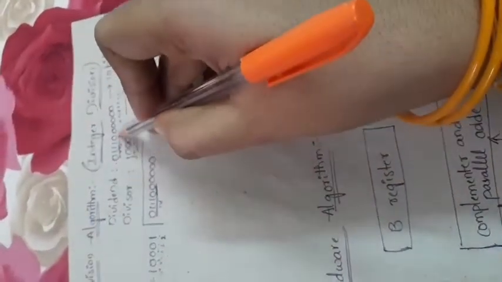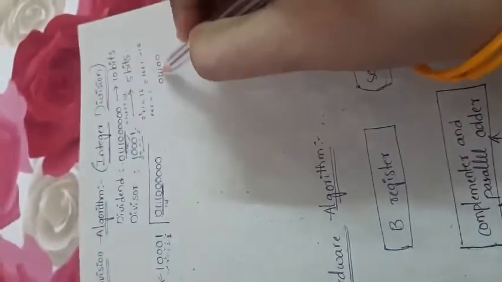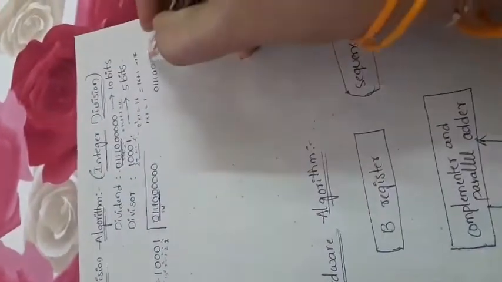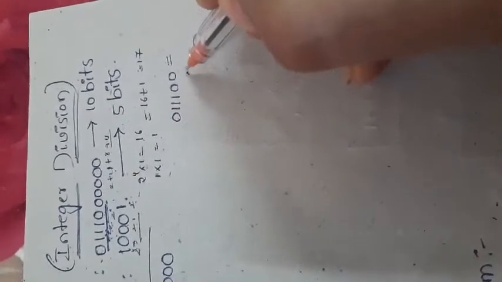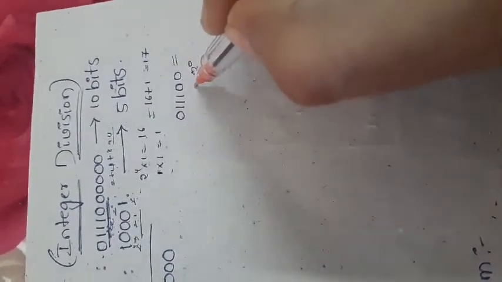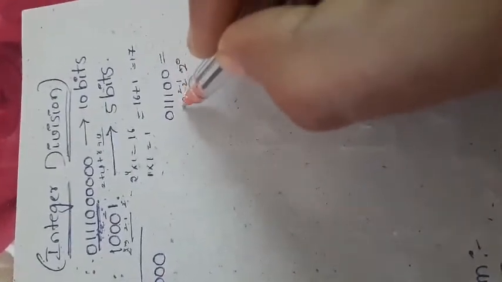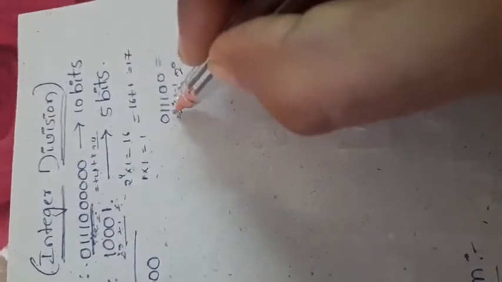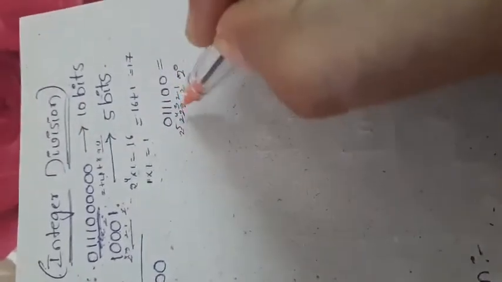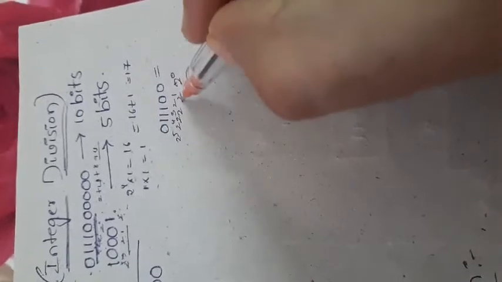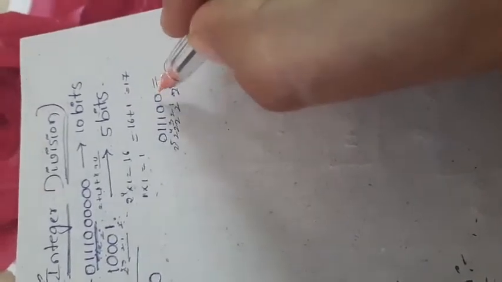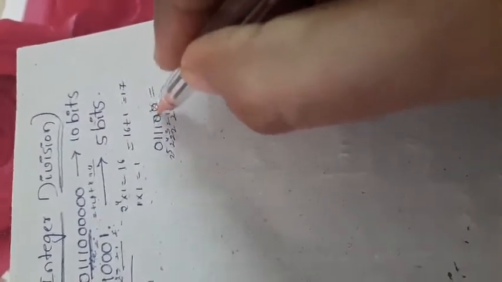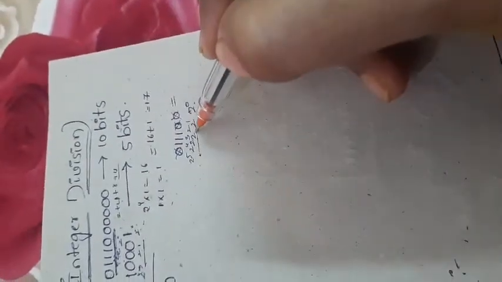So now I can consider the 6 bits: 1, 2, 3, 4, 5, 6. Now we have to convert this number into decimal notation: 2 power 0, 2 power 1, 2 power 2, 2 power 3, 2 power 4 and 2 power 5. Now 2 power 5 is 0, 2 power 1 is 0, 2 power 0 is 0, so we cannot consider these values. Directly we go with these 3 values.